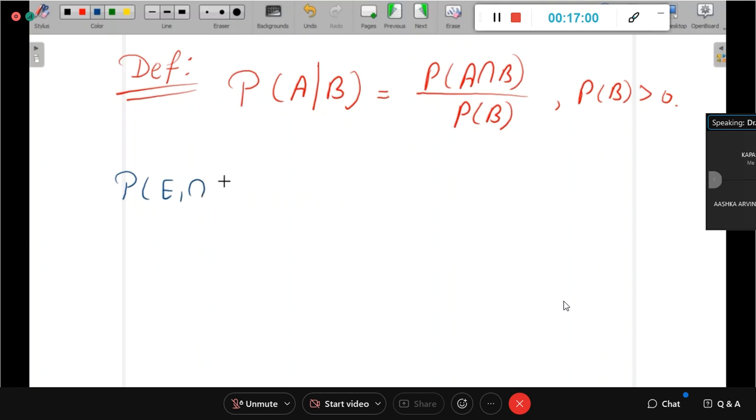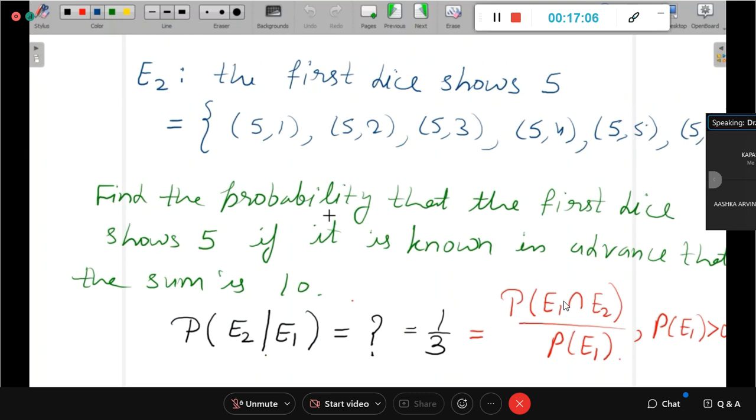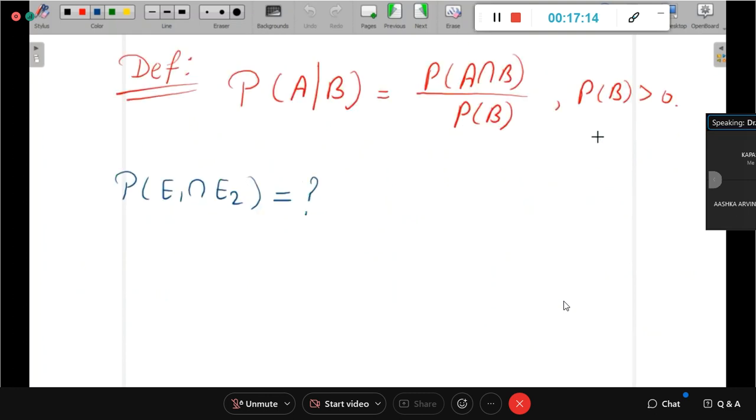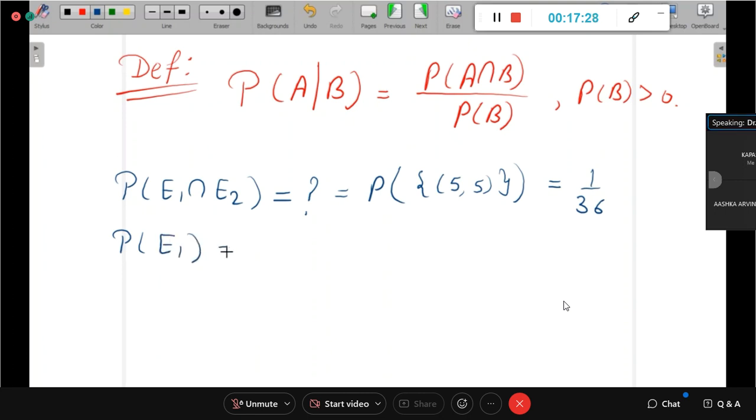So you can verify now for the previous example. What is the probability of both E1 and E2 happening? E1 has the pair 5, 5, which is common to you. So this is nothing but the probability of getting 5, 5, and that is going to be 1 by 36.